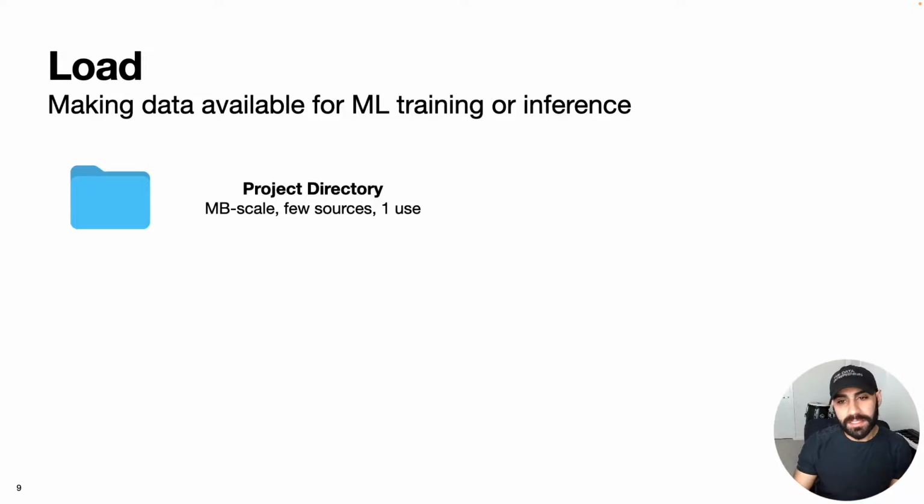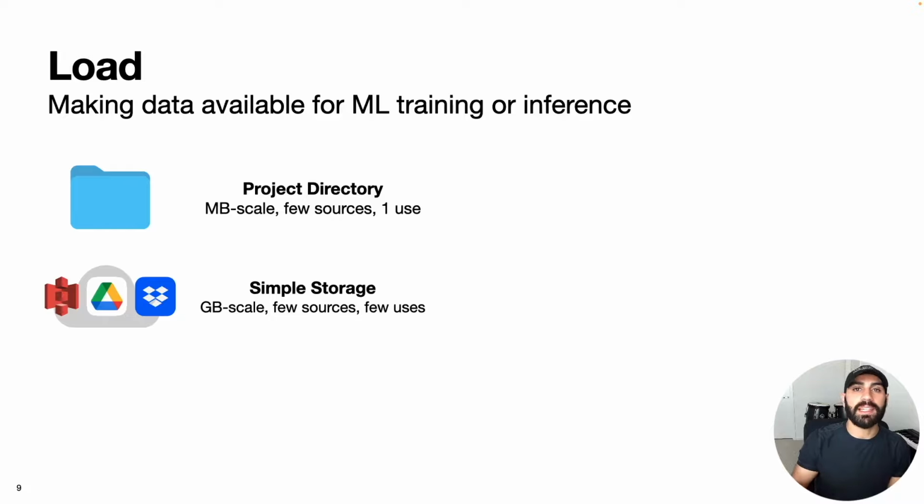Loosely speaking, this is appropriate when the data are of megabyte scale, maybe come from a few sources, and only have the one use case of that specific project that you're working on.